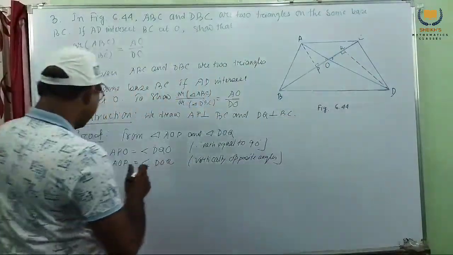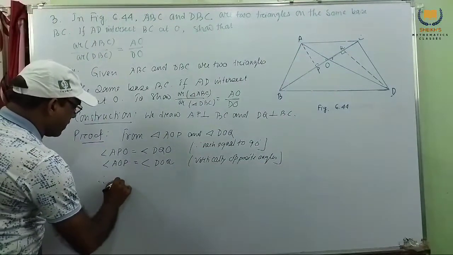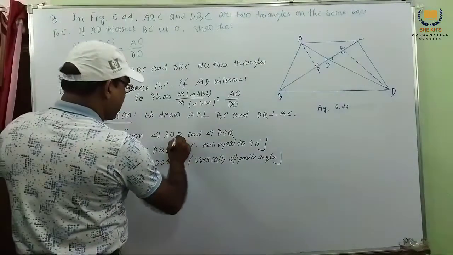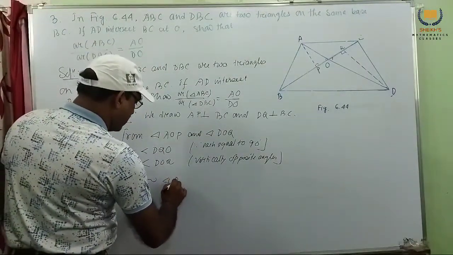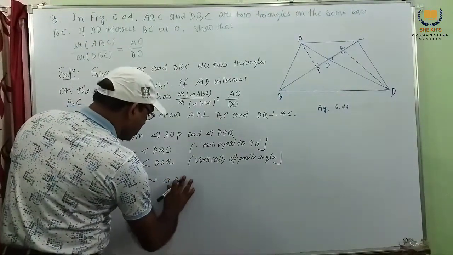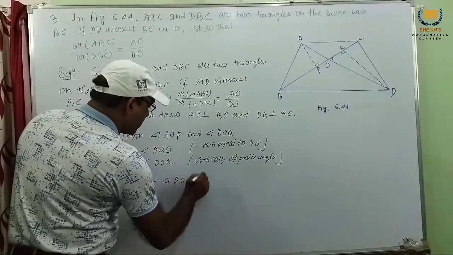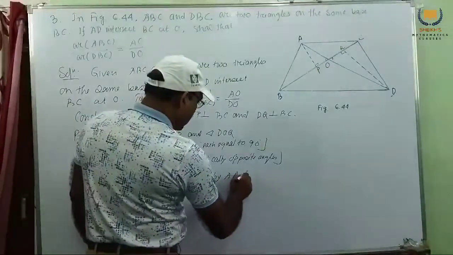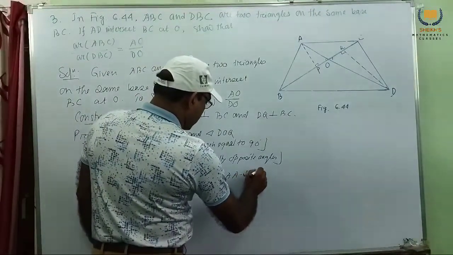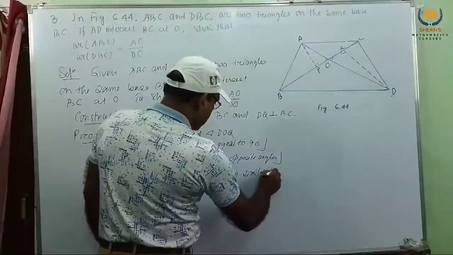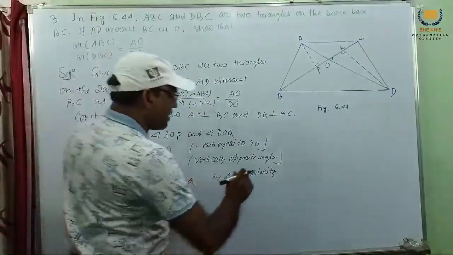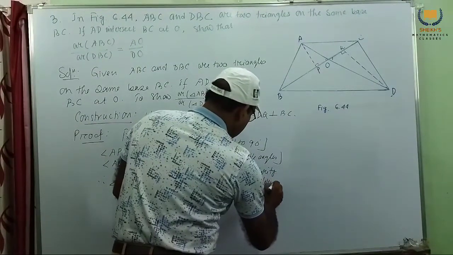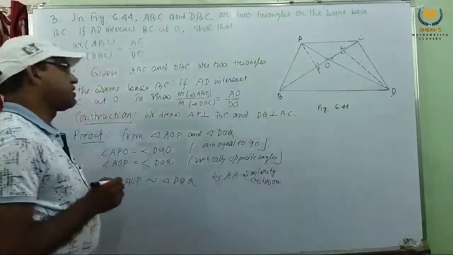Therefore triangle AOP similar to triangle DOQ by AA similarity criterion. So these two are similar.